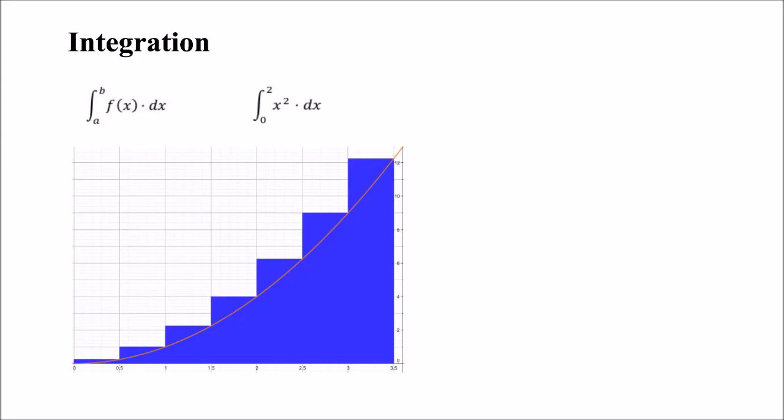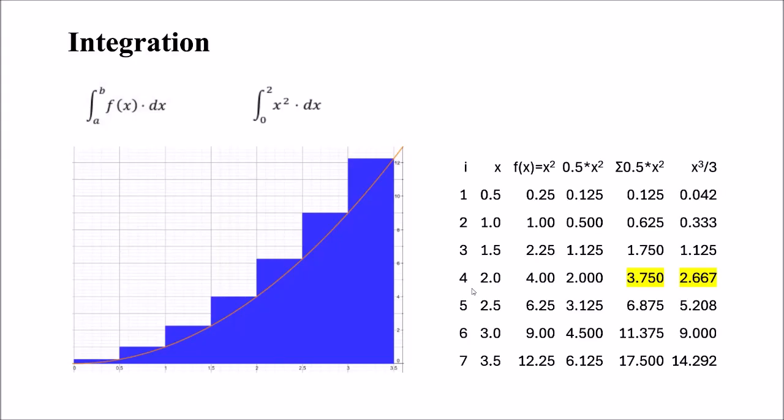The computation steps are summarized in this table. The first column is index i, which labels the rectangles. Column 2 is the independent variable x at half integers by our choice. Column 3 is the function value x squared, which we set to be the height of the rectangles.